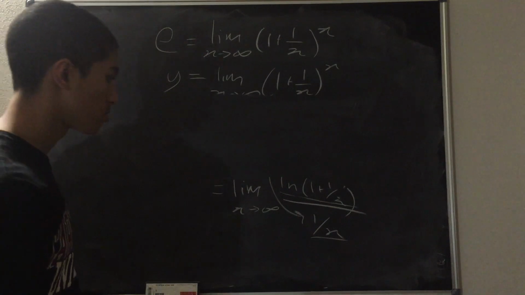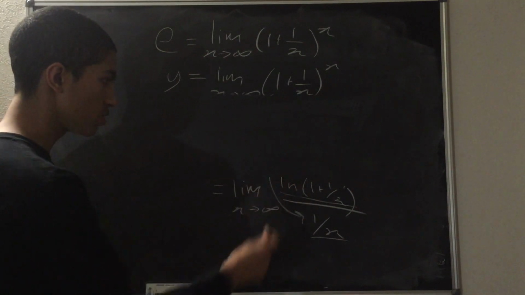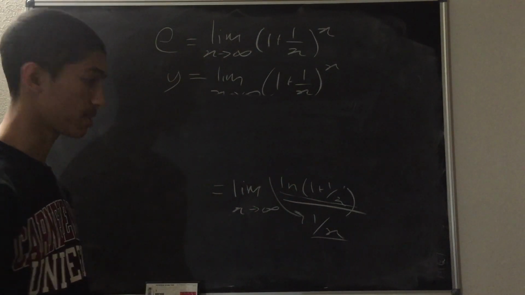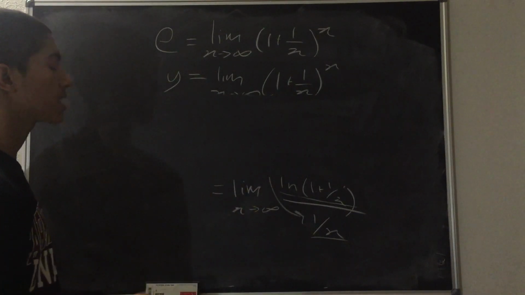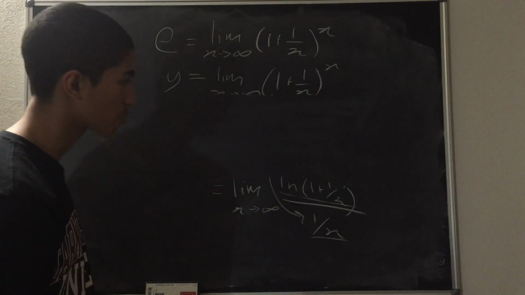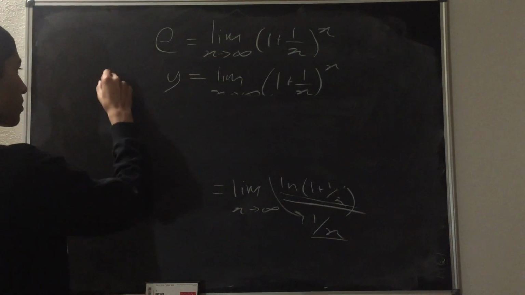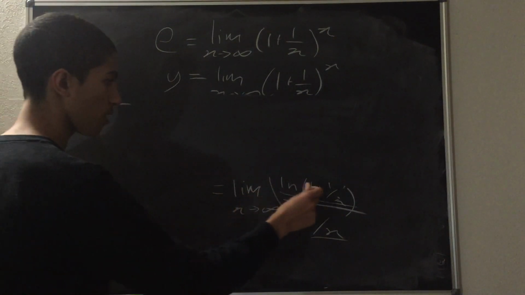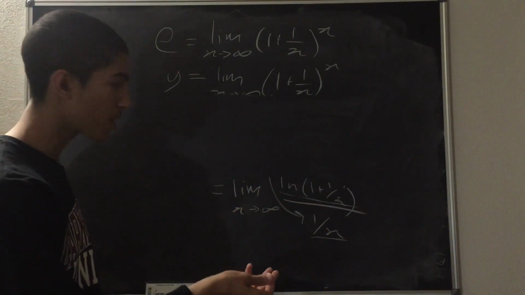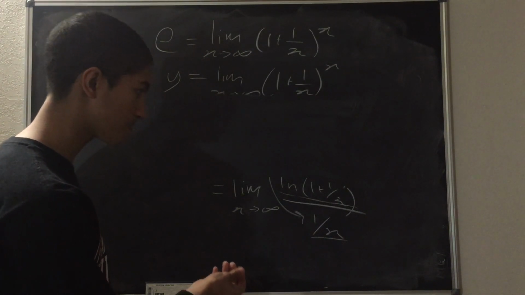So what we now can do is we can take the derivative of the numerator and the derivative of the denominator. So what do we get when we take the derivative of ln of 1 plus 1 by x? Well, we get the derivative of ln of this. It's a composite function, so we're going to have to use the chain rule.